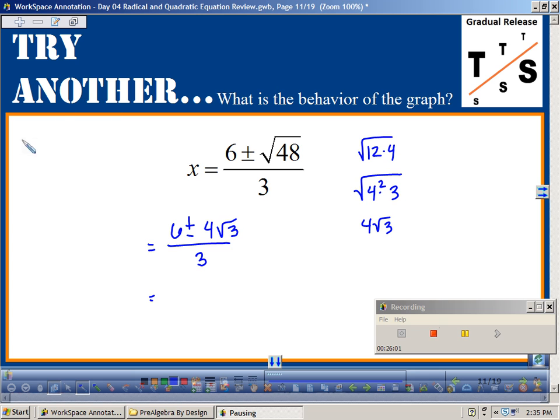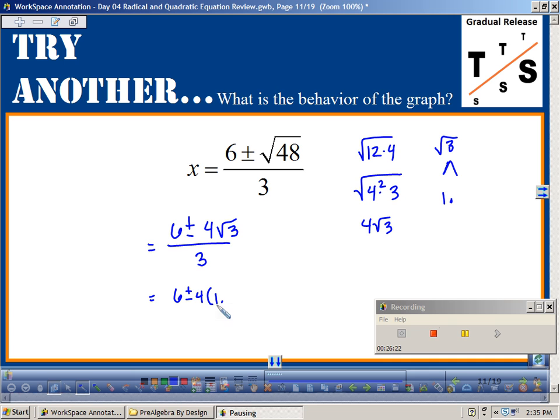Root 3, how much is root 3? 1.5, somewhere around there. 1 point something. But 1.5 times what? Times 4. Let's find out how much exactly.